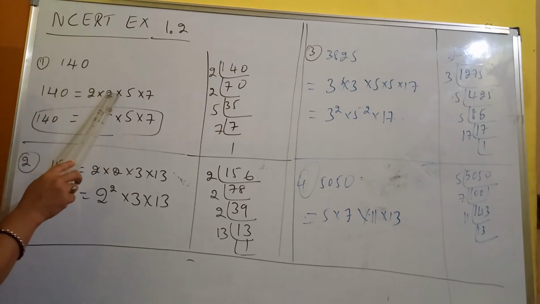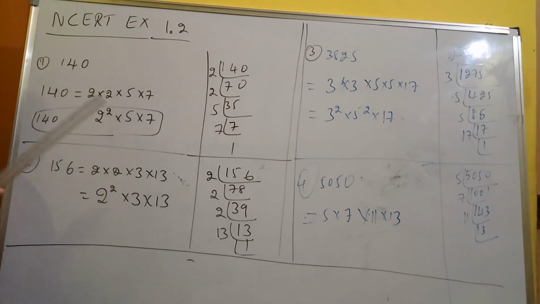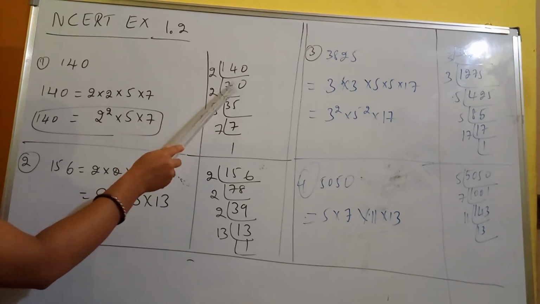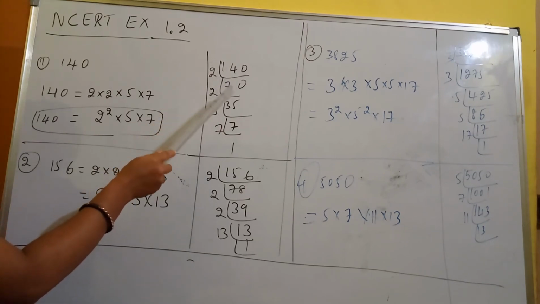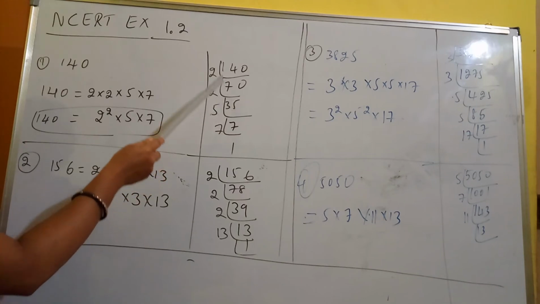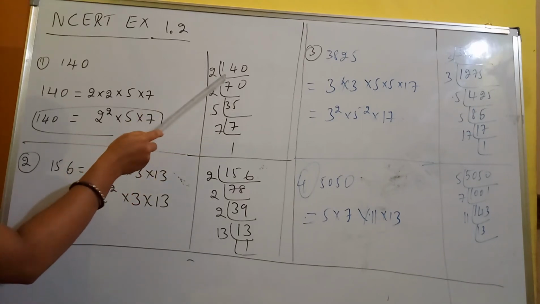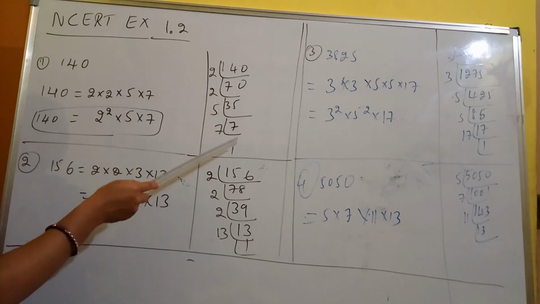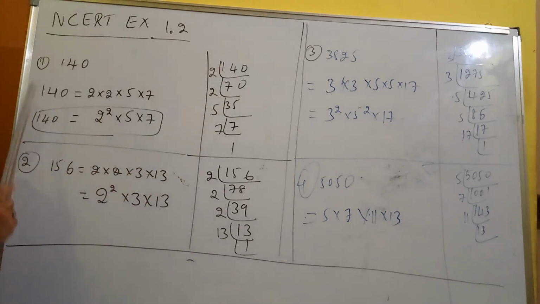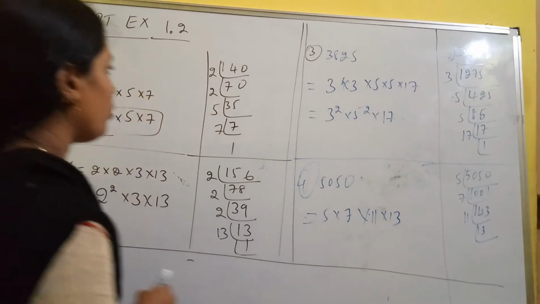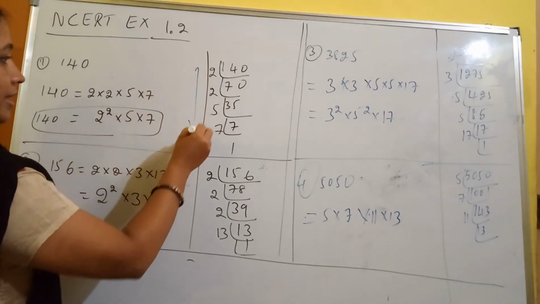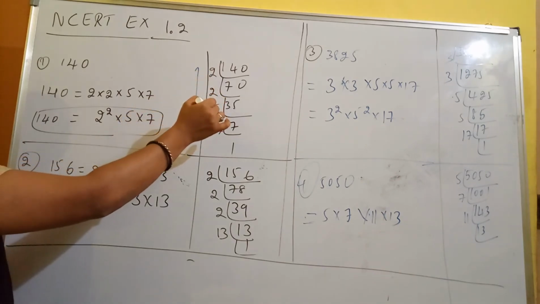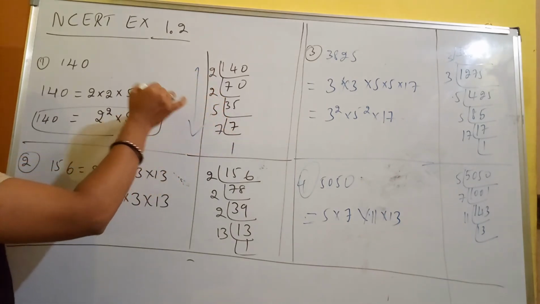140. To factorize 140 into primes, start with prime numbers only. So 140 can be divisible by 2. 2 times 70, again 70 can be divisible by 2. 2 times 35, and 35 can be divided by 5. 5 times 7 is 35, and 7 times 1 is 7. If we express the product, we can write 140 as 2 into 2 into 5 into 7 into 1.